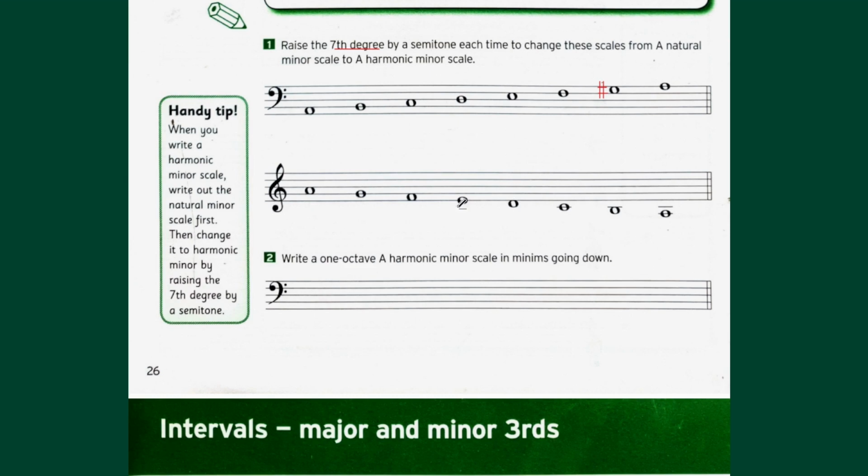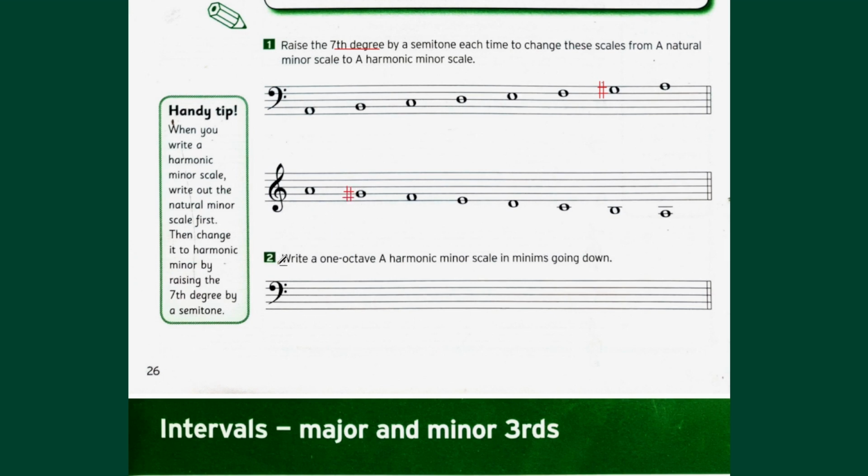And if your scale is descending, you're going to have to number them from the lowest note to the top. 1, 2, 3, 4, 5, 6, 7 is again the G here. That's it.